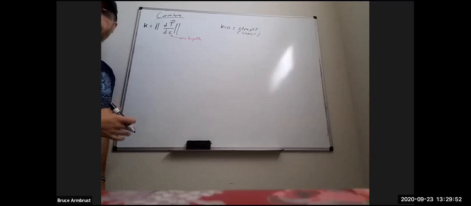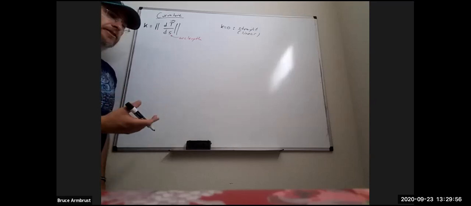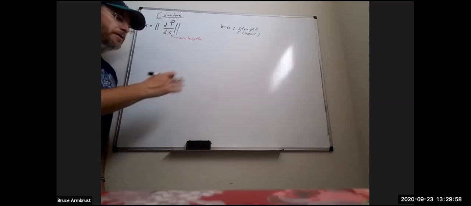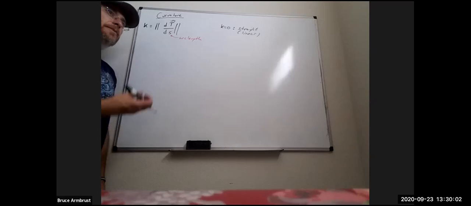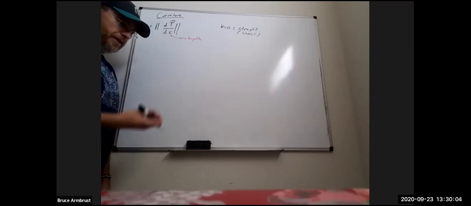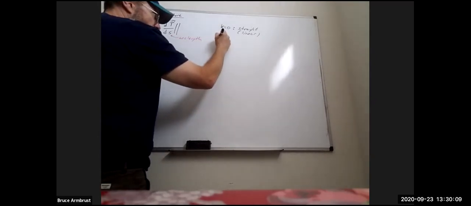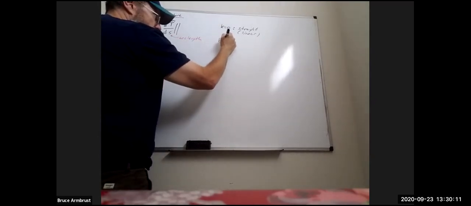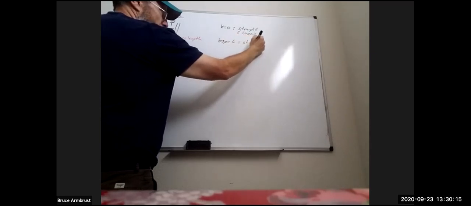Lines have 0 curvature, and you can end up getting 0 curvature somewhere along the way in a function that's not a line. It just means locally at that point it's linear. So that's k equals 0, and then bigger K means sharper turn.